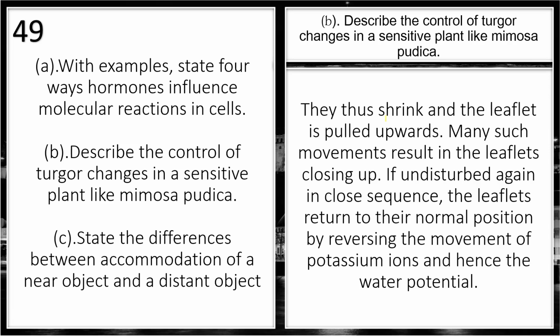Thus, they shrink and the leaflet is pulled upwards. Many such movements result in leaflets closing up. If undisturbed again, in close sequence, the leaflets return to their normal position by reversing the movement of potassium ions and hence the water potential.